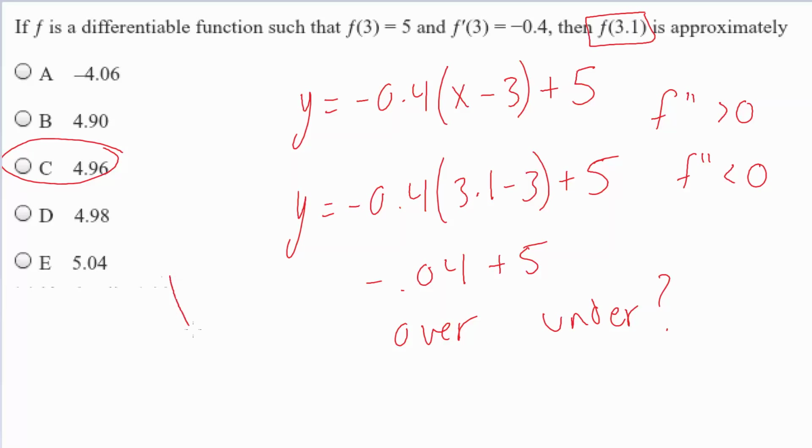And what that means is if the function is concave up, meaning the second derivative is greater than 0, the tangent line approximation would always be an under approximation. And similarly, if it is concave down, the tangent line would always be an over approximation. Now that's not in this problem, but it's a very good thing to talk about in review.